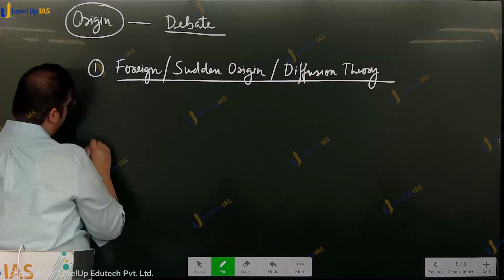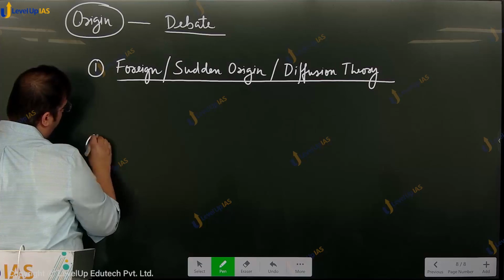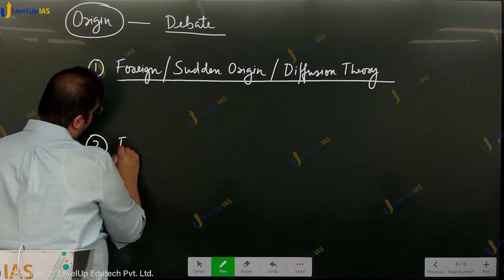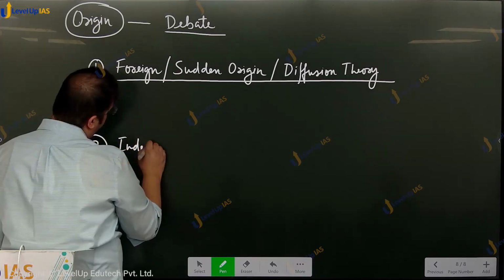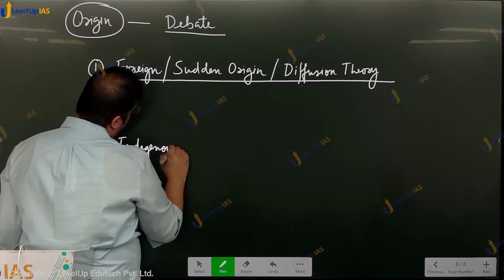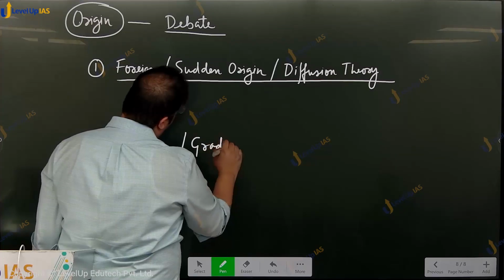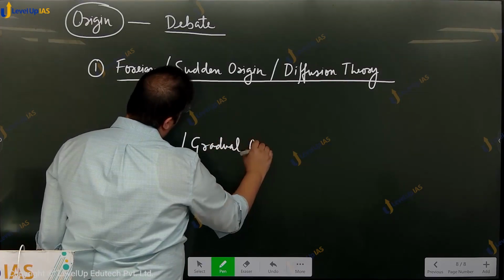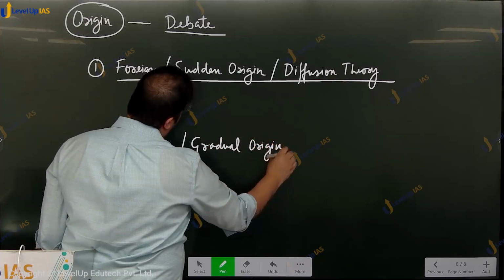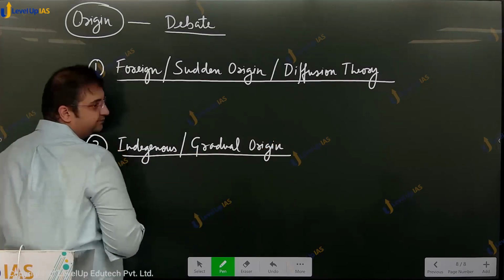And secondly, we have the theory of indigenous origin or gradual origin, right?